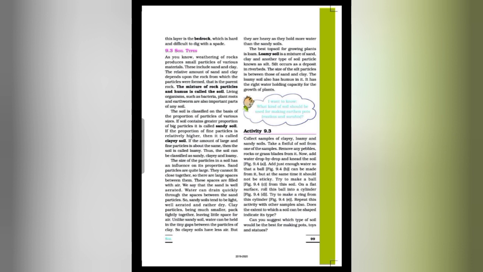As you know, weathering of rocks produces small particles of various materials. These include sand and clay. The relative amount of sand and clay depends upon the rock from which the particles were formed, that is the parent rock. The mixture of rock particles and humus is called soil.